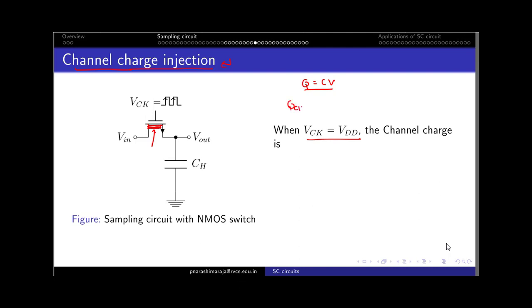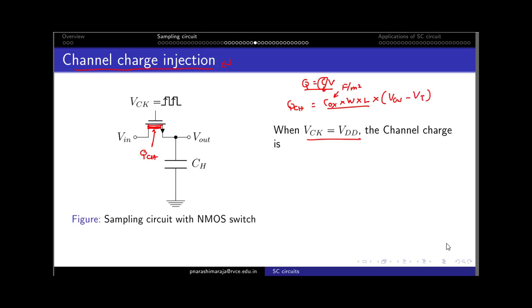I would represent that channel charge as QCH, and it could be expressed in terms of the capacitance. I know that the value of COX is defined as farad per meter square, so in order to evaluate the whole transistor's capacitance, I need to multiply by its width and its length. This represents the total C. Now we have to represent the effective gate potential, which is VGS minus VT.